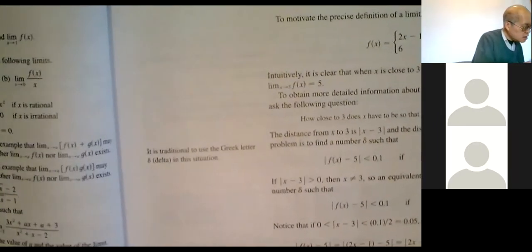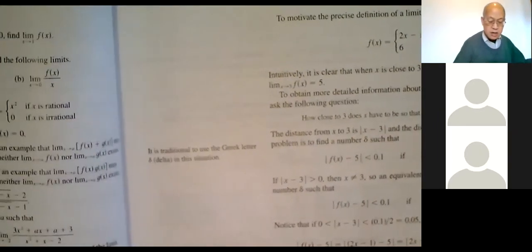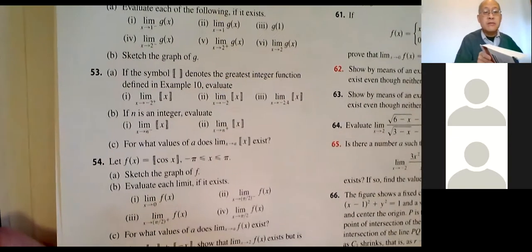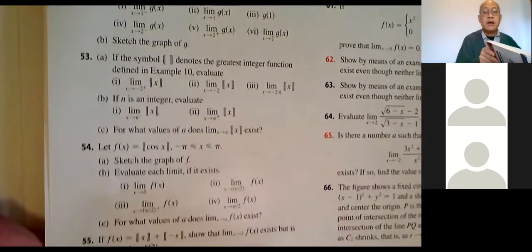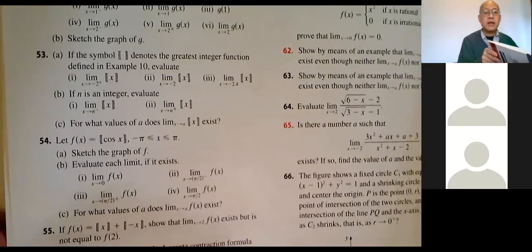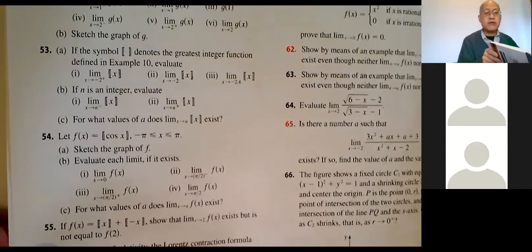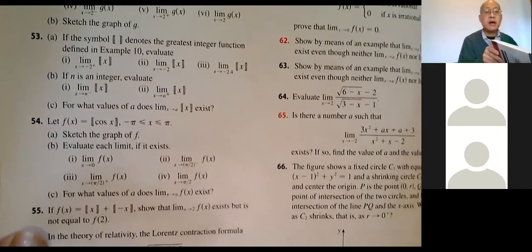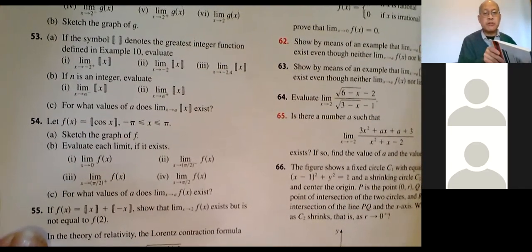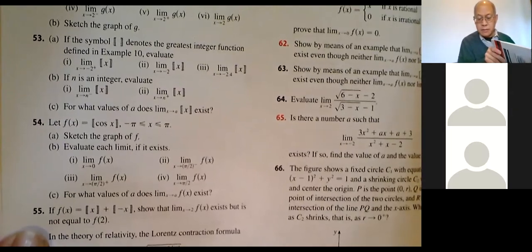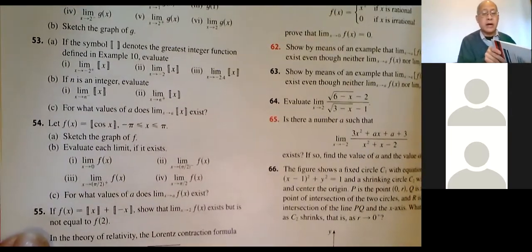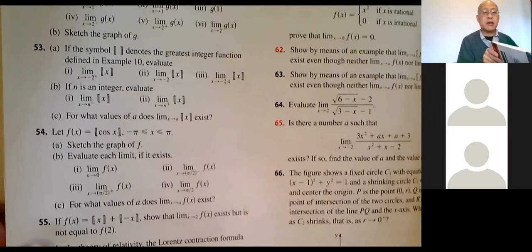Okay, so for 53, a little bit with this. 53: limit as x approaches negative 2 from the right. Sorry, I can't write it at the same time.